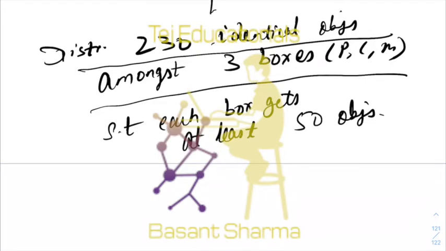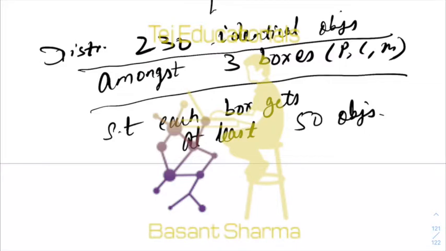Now, each box should get at least 50 objects, and they are all identical objects. So what you can do is give 50 to each of the 3 boxes. There is only one way of doing it, because all are identical objects, so that the minimum condition is satisfied. We have done this before also.